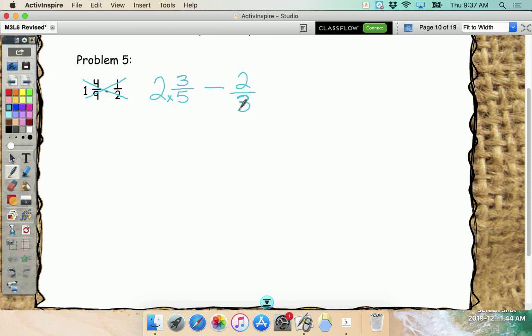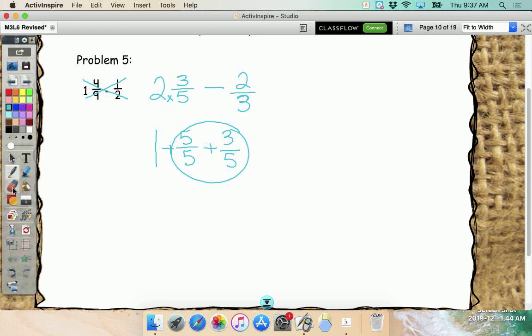So I'm going to change 2 3/5. Are you ready? So 1, I'm subtracting 1, plus 5/5 plus 3/5. So what is that going to be? 1 8/5, because I'm going to combine these two.